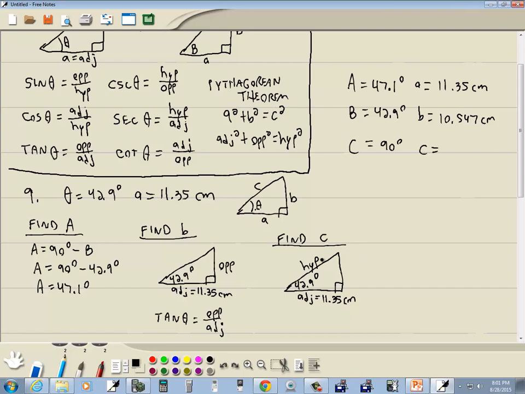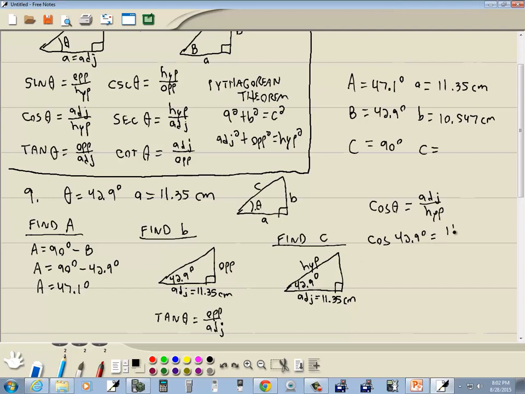So it looks like we're looking for a formula dealing with hypotenuse and adjacent. Well, here's cosine. Cosine is equal to adjacent over hypotenuse. So cosine theta is equal to adjacent over hypotenuse. So let's plug in what they give us. They tell us the angle is 42.9 degrees.